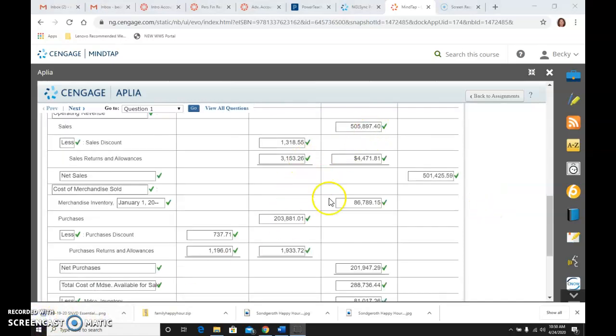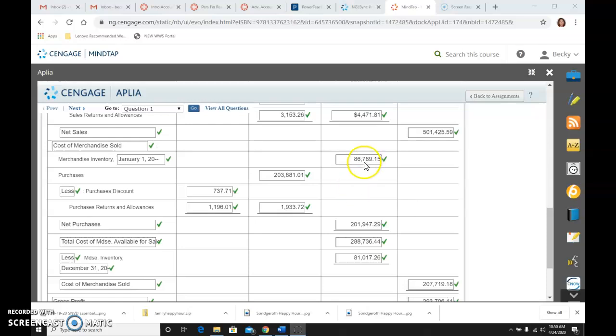So again, I got all these numbers from up above. I took sales from up there. I took these two. We add these two together to get the decrease related to net sales. Take sales minus that deduction to get net sales. Then the cost of merchandise sold section. I got this from up in the directions. I got the purchases and the two contra purchase accounts from up above.